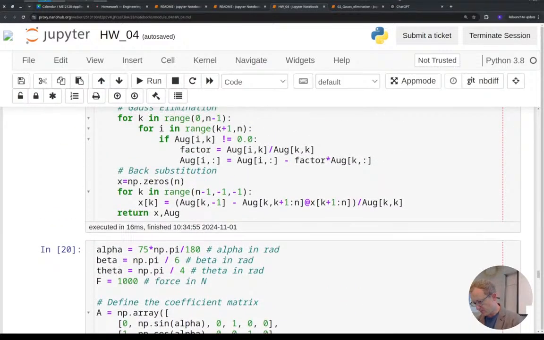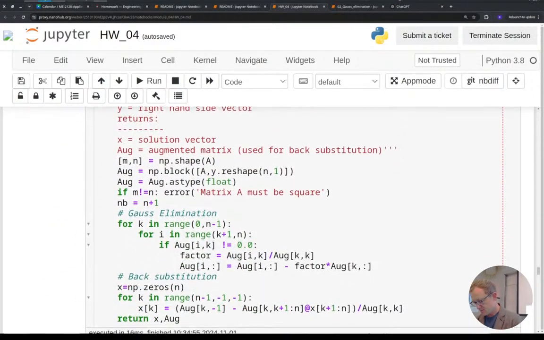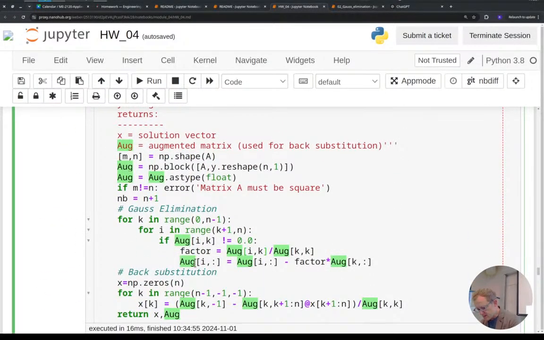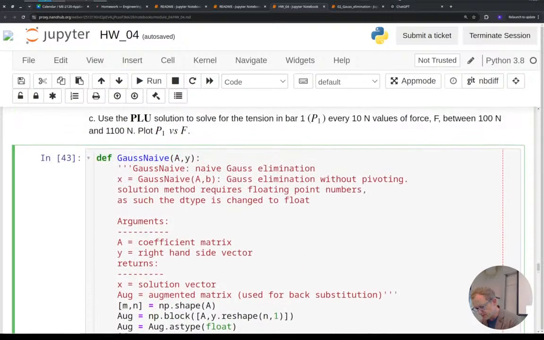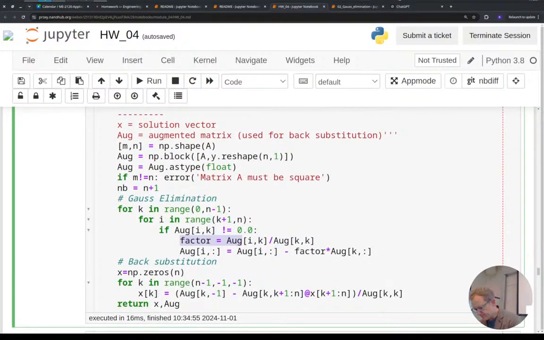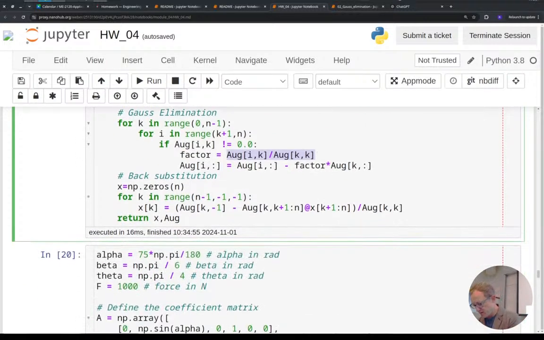I'm gonna go back up. In the very first step of this loop, we're using the diagonal values, that augmented of kk, and dividing by it, using that as a factor to get rid of the rows below it.